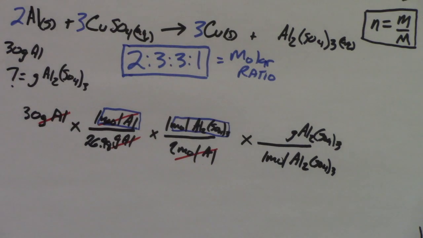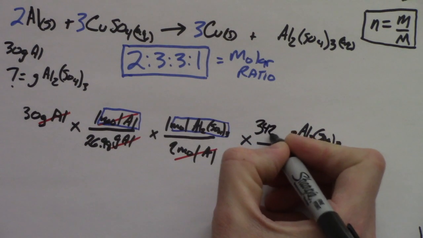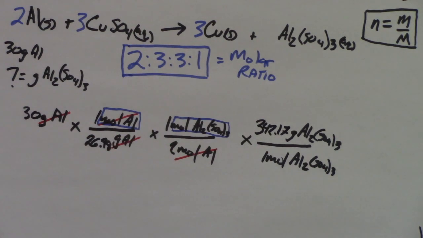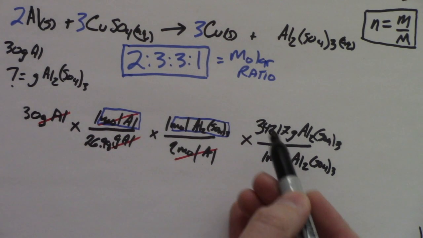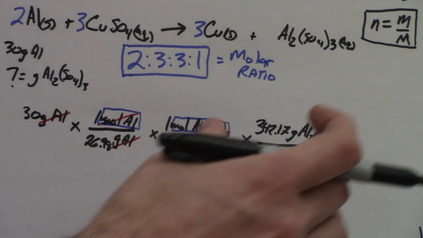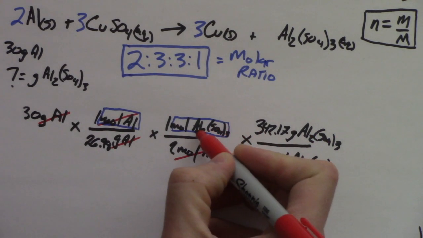You'll find that your answer matches mine, which is 342.17. At this point, I would strongly suggest, like, this is a huge number. Double check that. I know you're good at it, but always double check it. So 342.17 grams of aluminum sulfate for every mole. So this is my ratio here. And look what's happening. Moles of this will be canceled out.